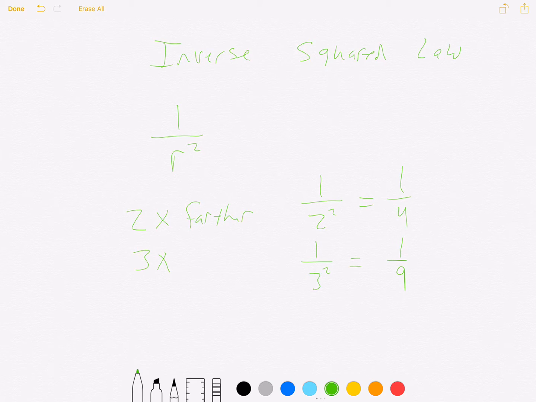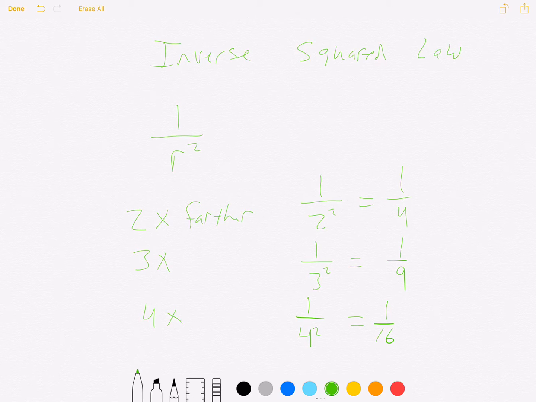So the sound intensity goes down by a factor of 1/9. If you're 4 times further away, you get 4 squared, which is 1 over 16, so you're a 16th as much sound intensity. 5 gives you 1 over 25, 6 gives you 1 over 36, and so on and so forth. So as you move away from a source, you decrease according to the inverse square law.